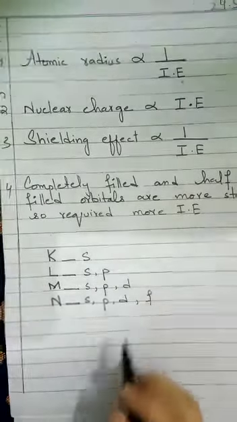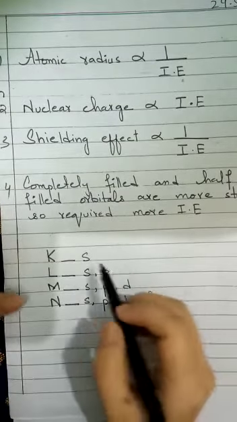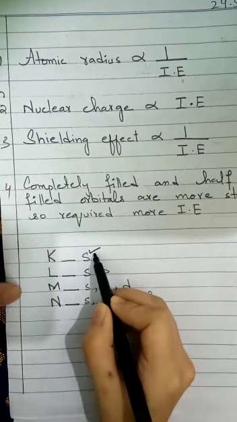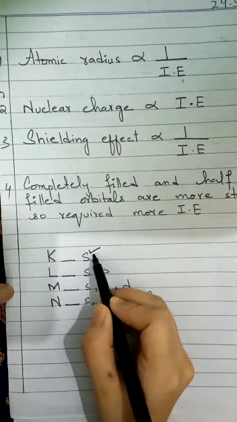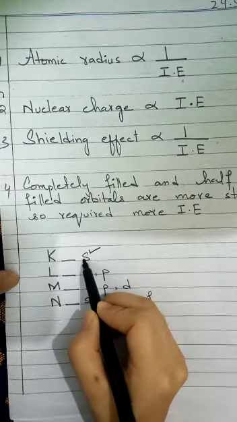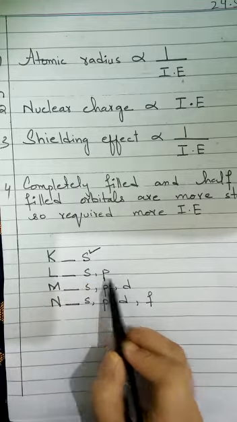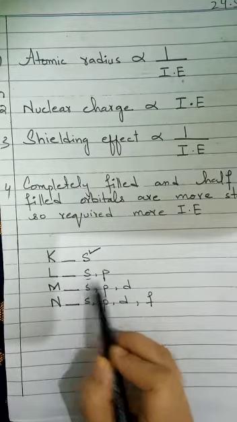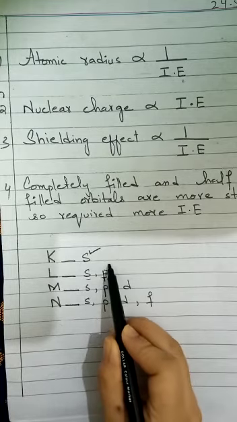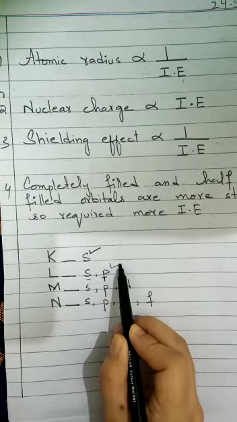So, nature of orbitals also affects the ionization energy. As S subshell is close to the nucleus, we require a more amount of energy to remove the electron from the S subshell. Then P subshell is far away from the nucleus as compared to S subshell. There is a distance increase in a P subshell, so we require less amount of energy to remove the electron from the P subshell.